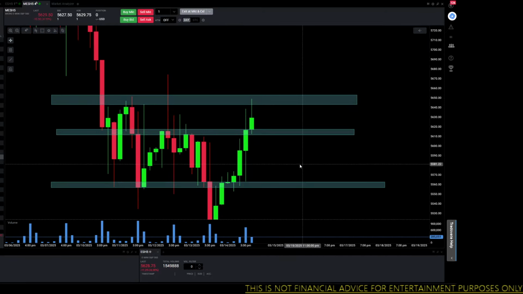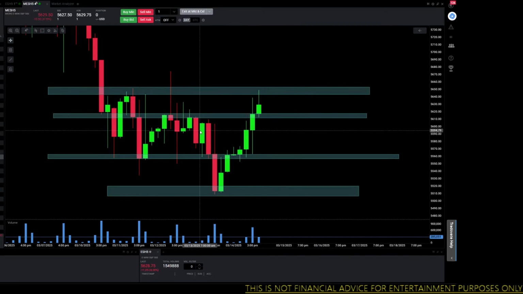So this last week, this is the support and resistance, and you can see here bounce, rejection, bounce, rejection. Okay, forming a rejection area here.